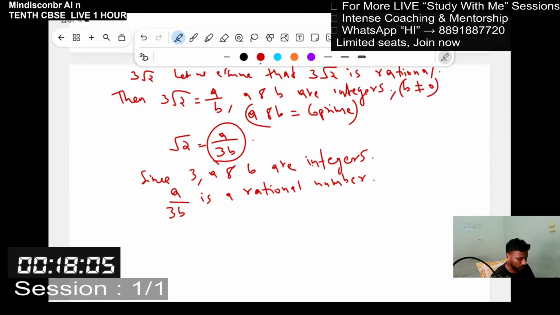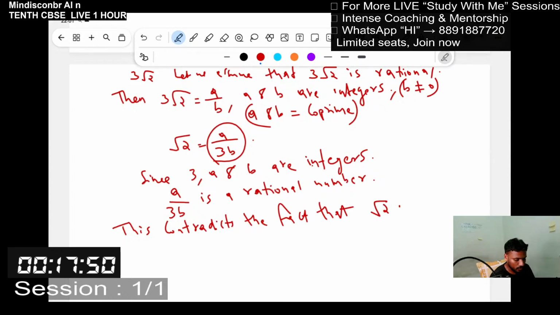So this contradicts the fact that root 2 is irrational.